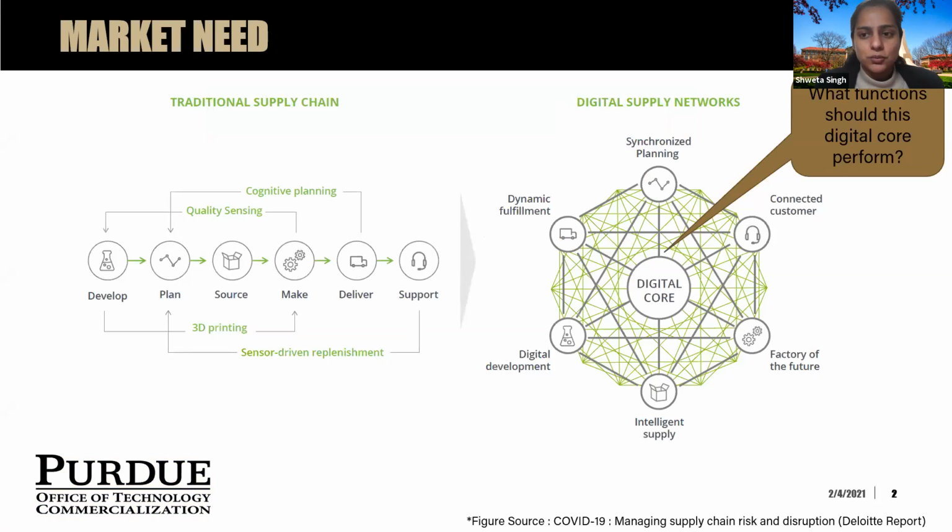But what we want to move towards is more dynamic systems where we can gain visibility into how the network is evolving with the different parts of the manufacturing systems changing. So there has to be some kind of digital core, but the question is what function should this digital core platform perform?